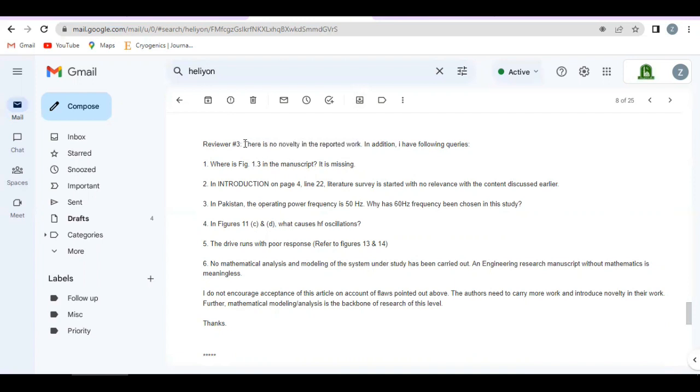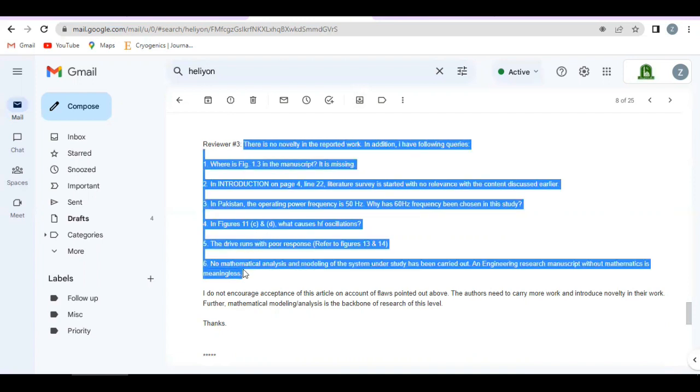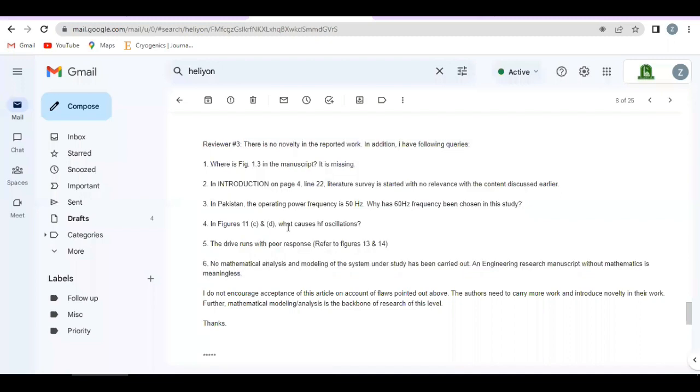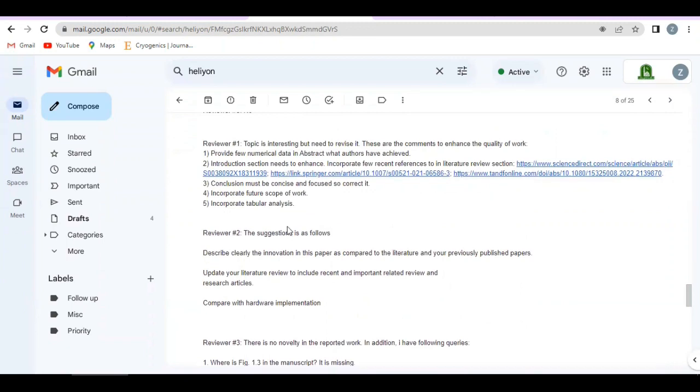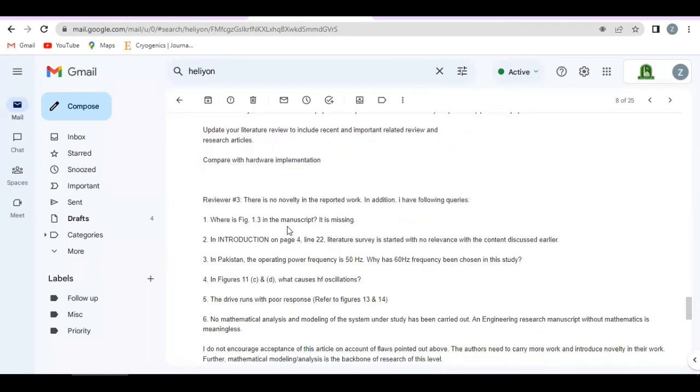Whenever we receive such a comment from any of the reviewers, never try to panic because it will spoil the whole of your hard work, your research activity, and it will also cause wastage of your time for which you have waited during the submission and the review process.